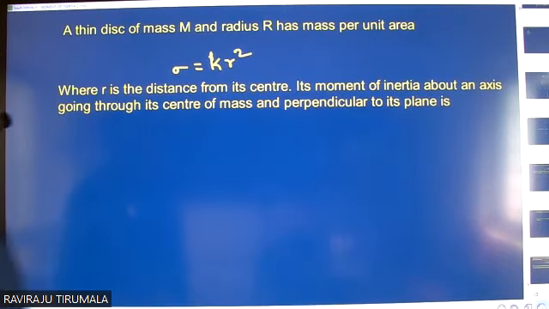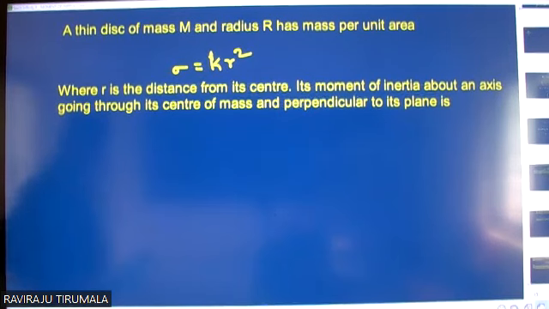Now you see another question given in the previous exam. See the question: a thin disk of mass m and radius r has mass per unit area sigma equal to kr², where r is the distance from its center.